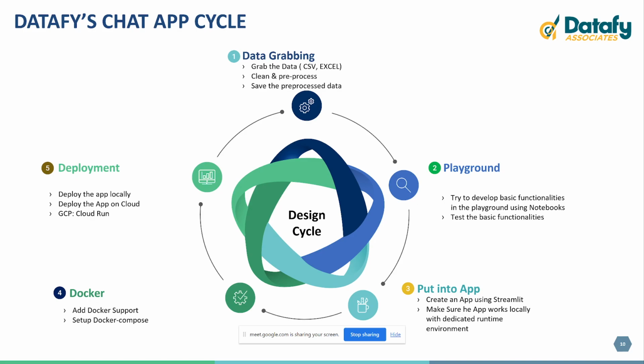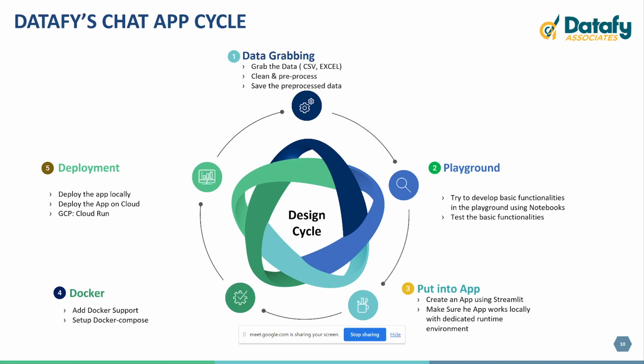In the next step, you want to play with the data and develop a playground in Jupyter notebooks or Google Colab to develop the back engine, where you can test your logic. In the next step you put that logic into the app, and you have to decide what sort of front end you're going to use, whether it's Streamlit or any other, and make sure that your app works locally.